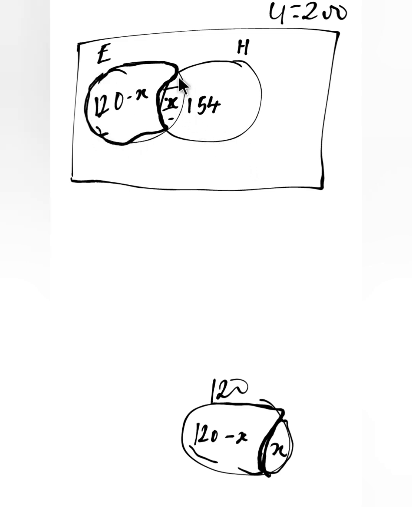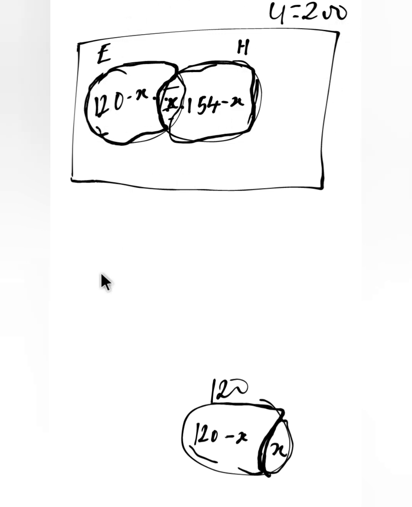In the same way, this other part of it is going to be 154 minus X. So from here to here is 120 minus X. This is X, while from here to here is 154 minus X. Now, this is how it's done. The entire set is 200.